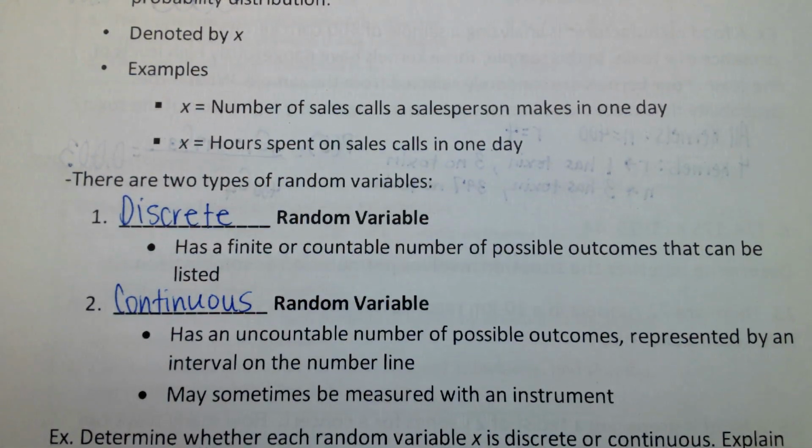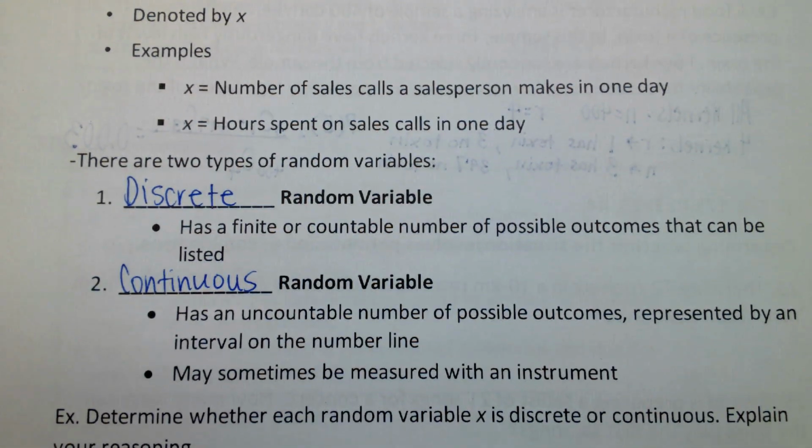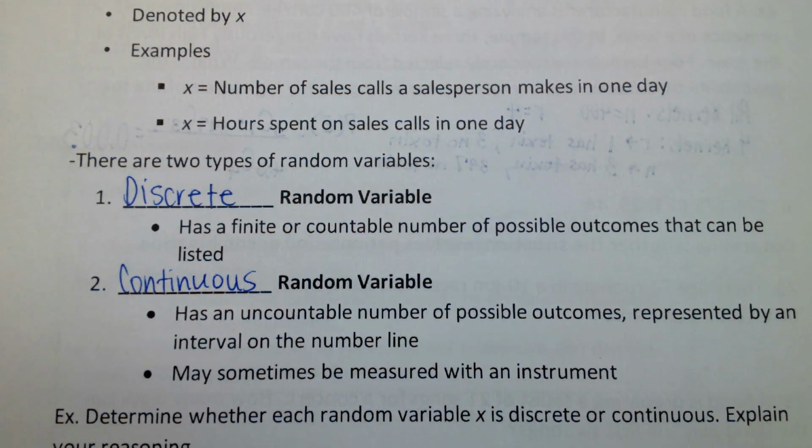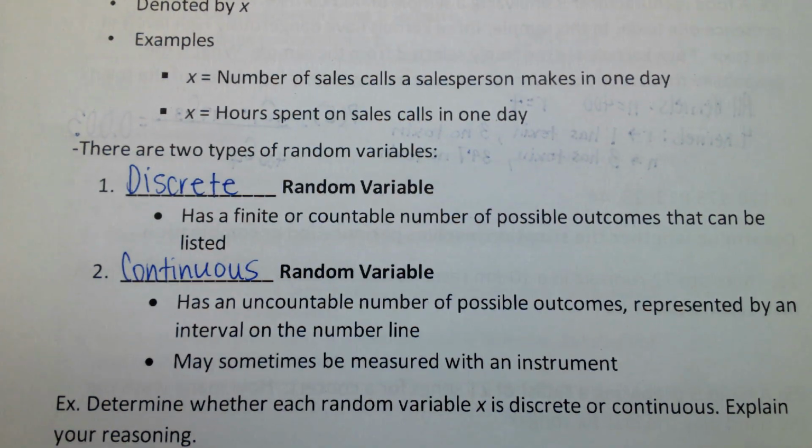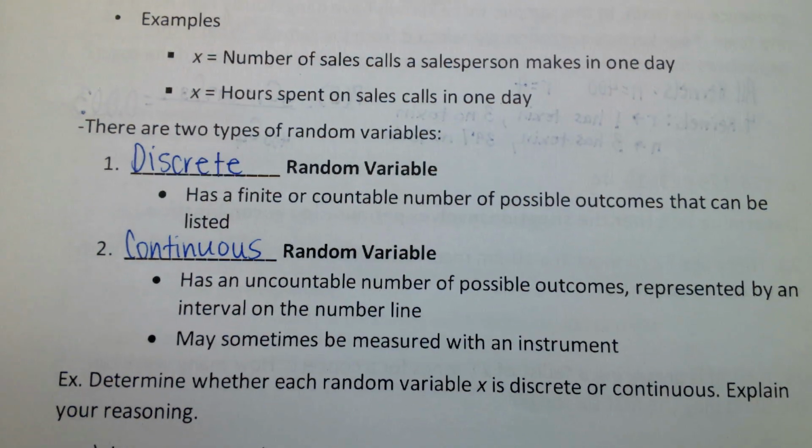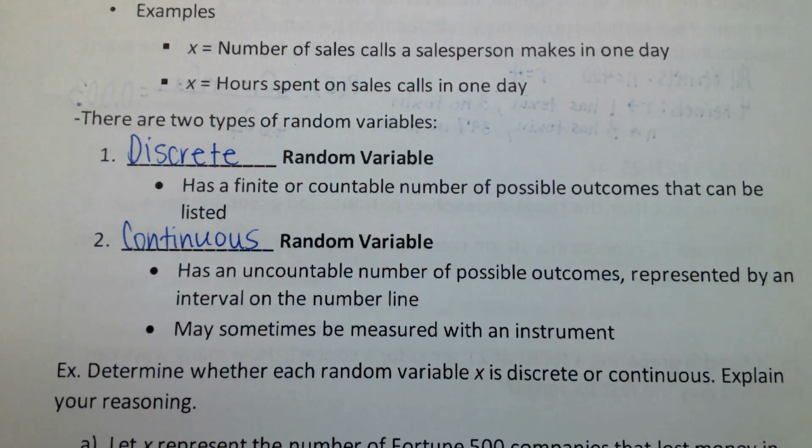And a continuous random variable has an uncountable number of possible outcomes, represented by an interval on a number line, and may sometimes be measured with an instrument. So continuous just means that we are looking at data that we can have in betweens.